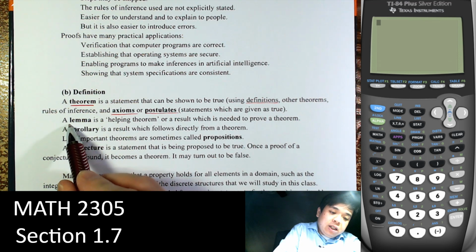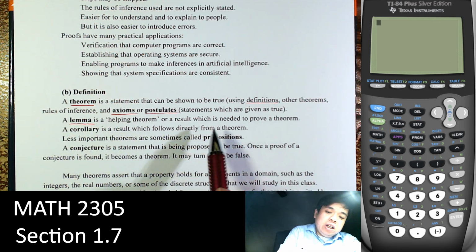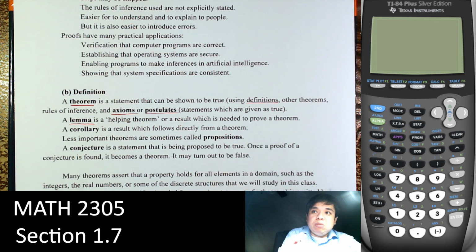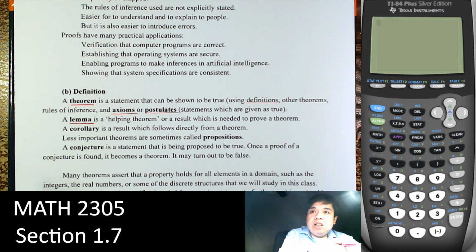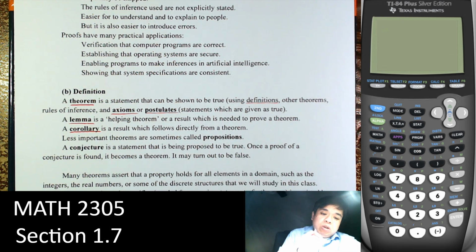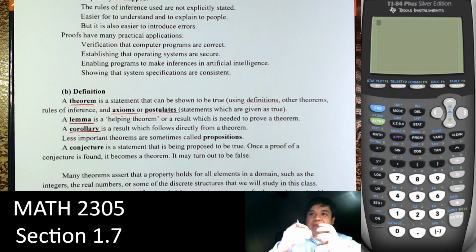A lemma is called a helping theorem or result that is needed to prove a theorem. So that is before we have a theorem. And a corollary is the result which comes directly from a theorem. So this is what we have after a theorem.